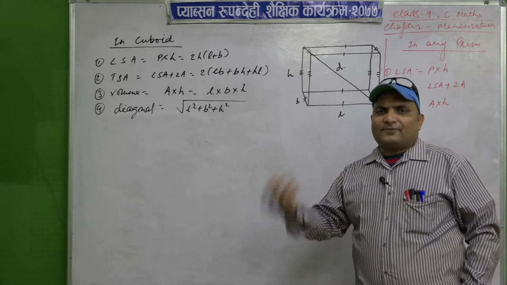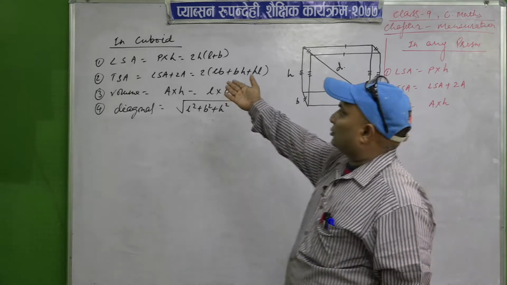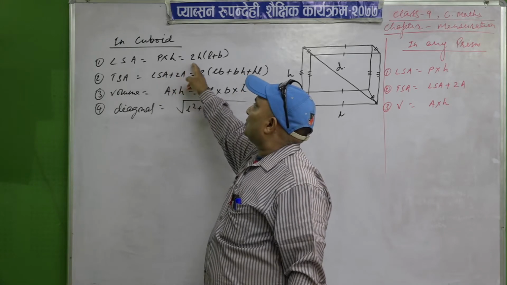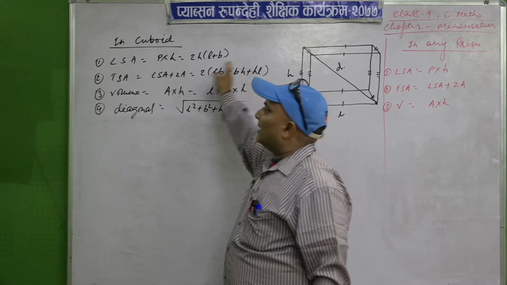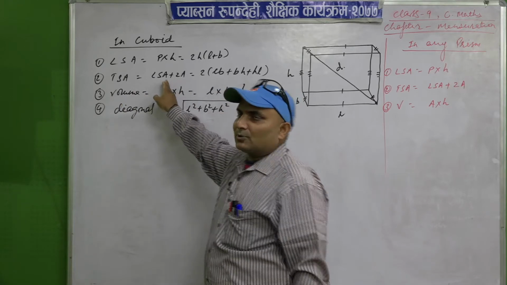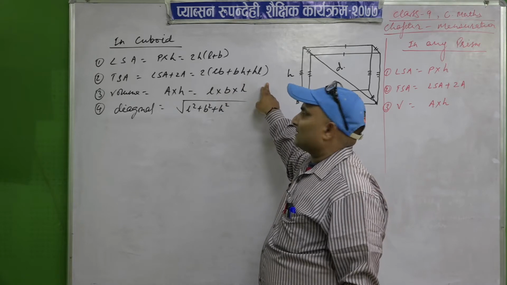Yesterday we found for the cuboid, lateral surface area is equal to P into H, or 2H(L plus B). This is the direct formula. Similarly, total surface area is LSA plus 2A. This is the basic formula, whereas the direct formula is 2(LB plus BH plus HL).